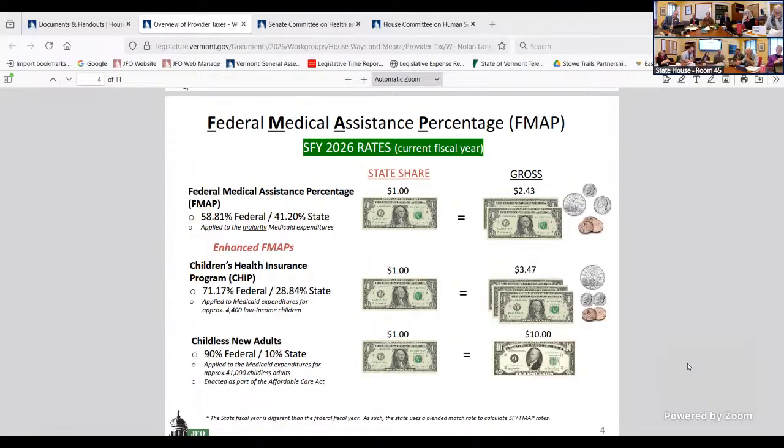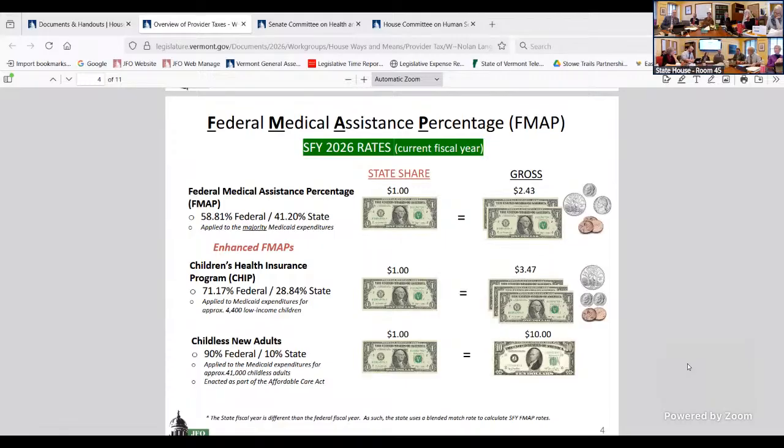So to translate that, for every $1 of state dollars we put in, we draw $1.43 of federal dollars, for a total gross of $2.43. So $1 of state dollars means $2.43 of service. Now it goes the other way. When you cut a Medicaid dollar, you lose $2.43 of service. So it goes both ways.